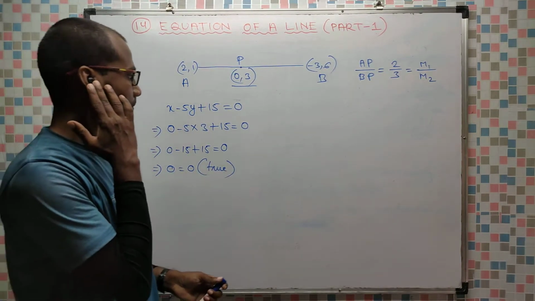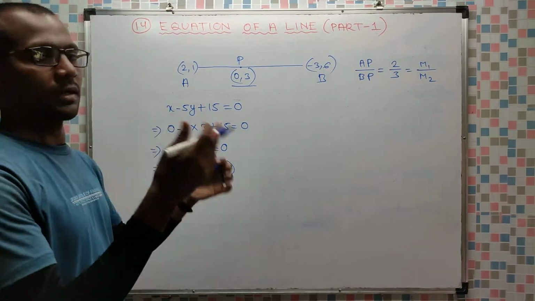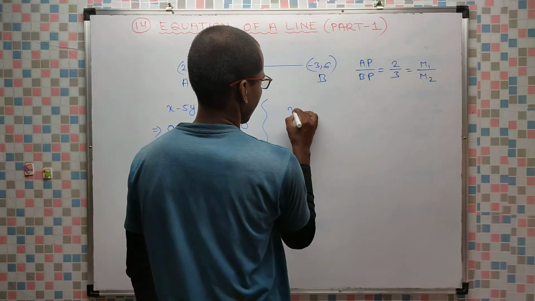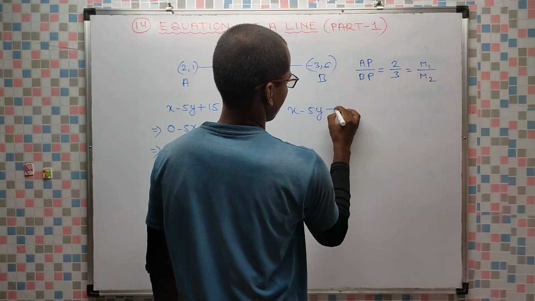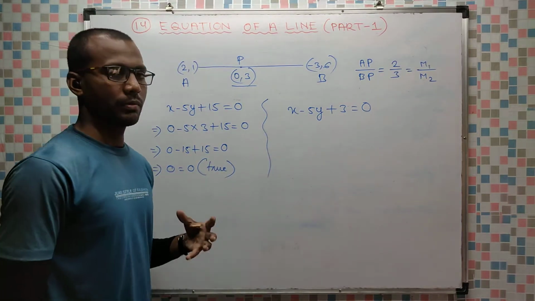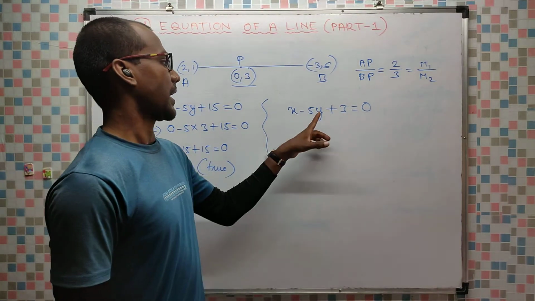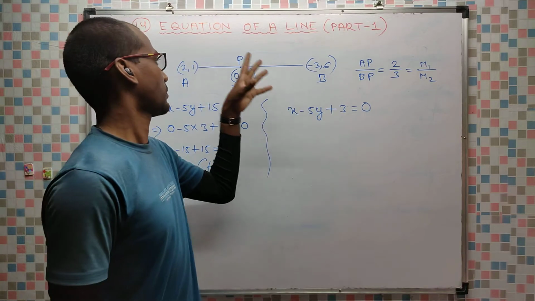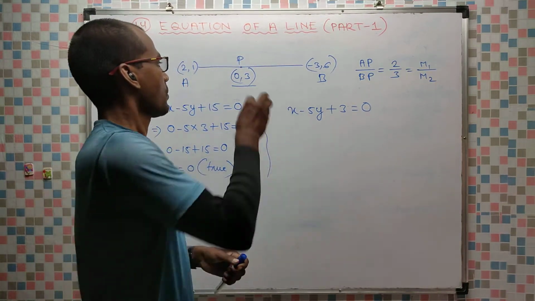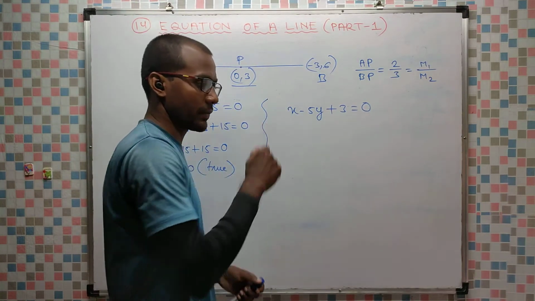Now, randomly, if I take another line, another equation, x minus 5y plus 3 is equal to 0, we will check whether the line represented by this equation passes through the point P or not. Again do the same thing: put the coordinates of point P in the equation.